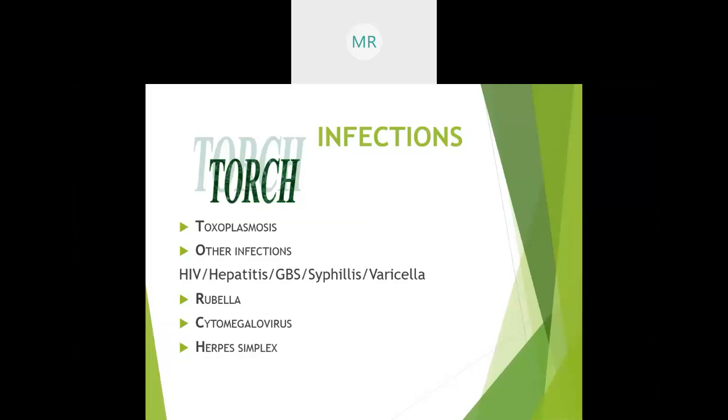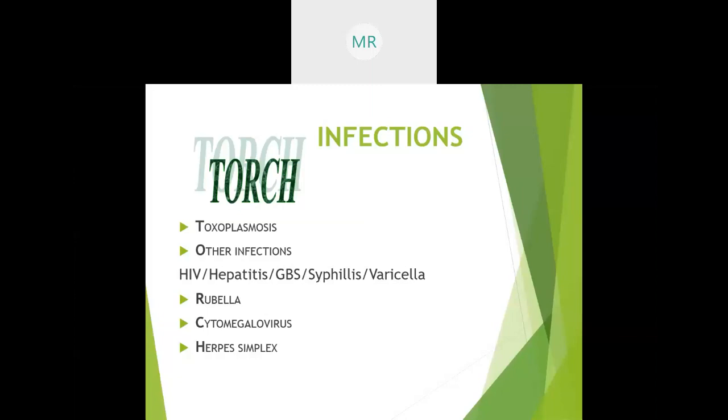So what does the CDC recommend on GBS? Well, we have to test mom for GBS infections. We need to make sure that before she delivers, we will take care of her with antibiotics because we don't want to pass it on to the baby. She is tested usually within 5 weeks of delivery.